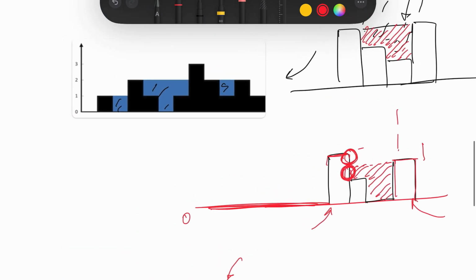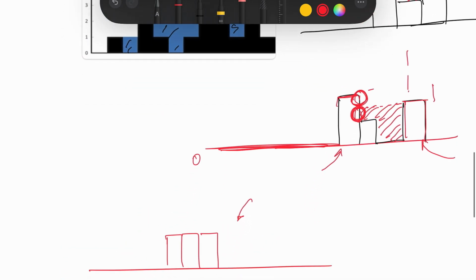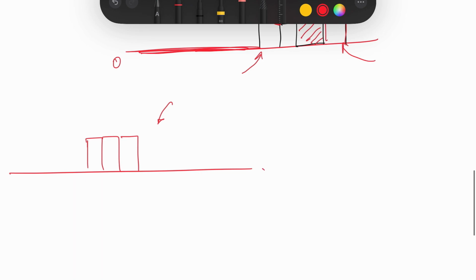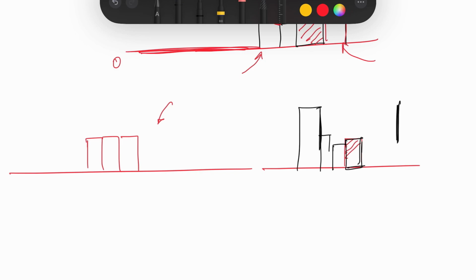So what I got to know is that for this building to trap any water on this plane, there should be some kind of support on the left side and some support on the right side. Let's say after two towers we have this tower, and after three towers we have this tower.